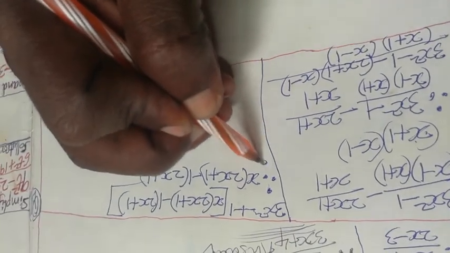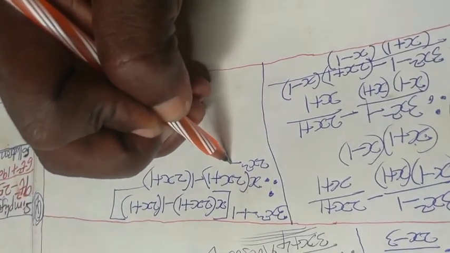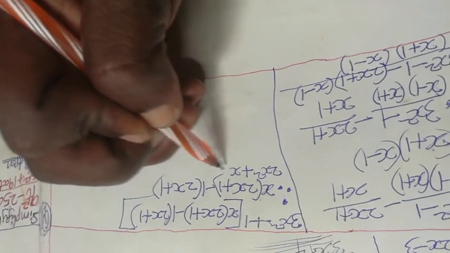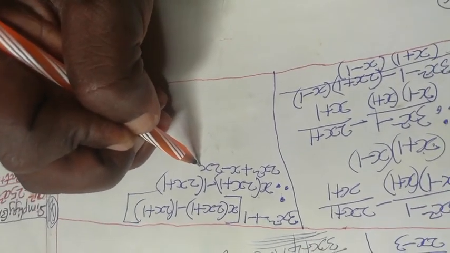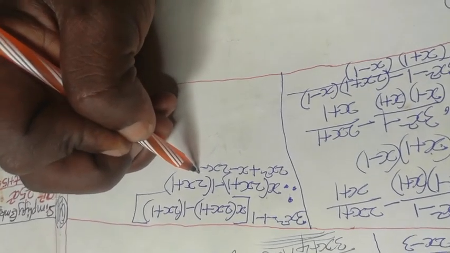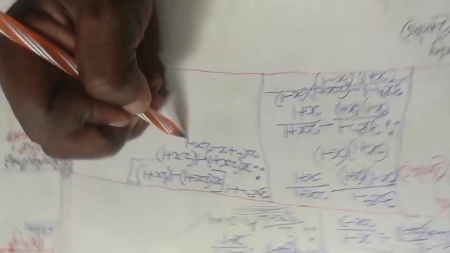This will give us 2x squared plus x minus 2x minus 1. I hope you are following me.